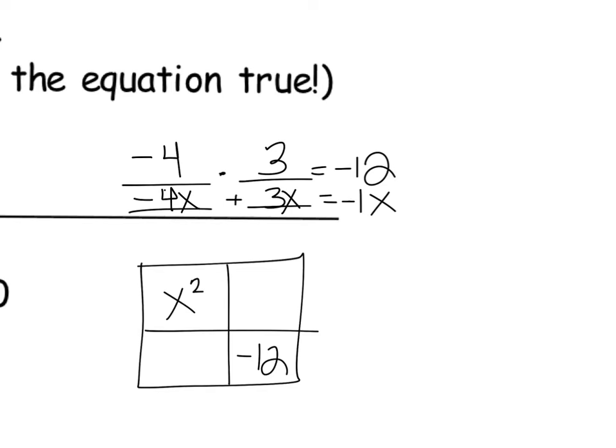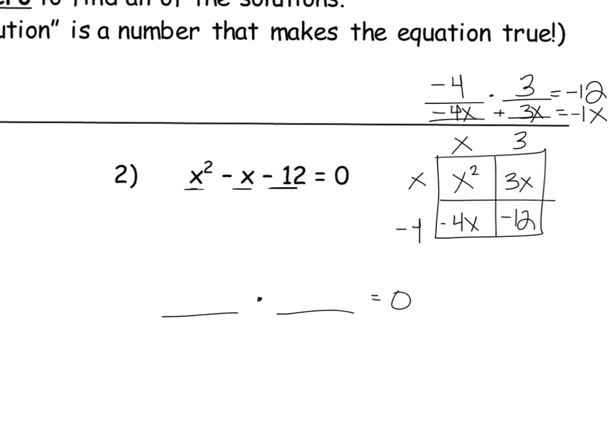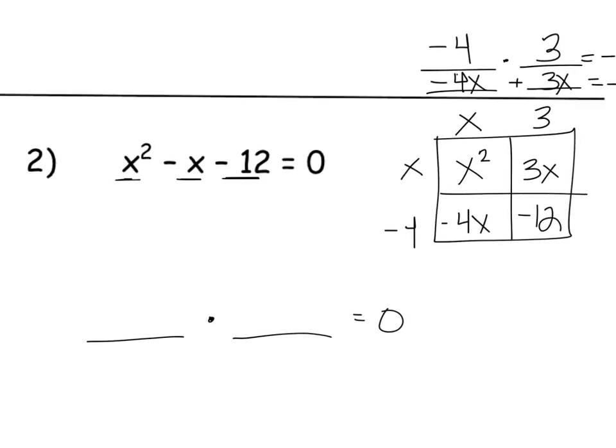So I'm going to put those numbers in my box, -4x and 3x, and I'm going to reverse box factor out an x from the top row and a -4 from the bottom row. x times x is x squared, x times 3 is 3x, and -4 times 3 is -12. So my factors are x + 3 and x - 4. So I can rewrite my expression as (x + 3)(x - 4) = 0.